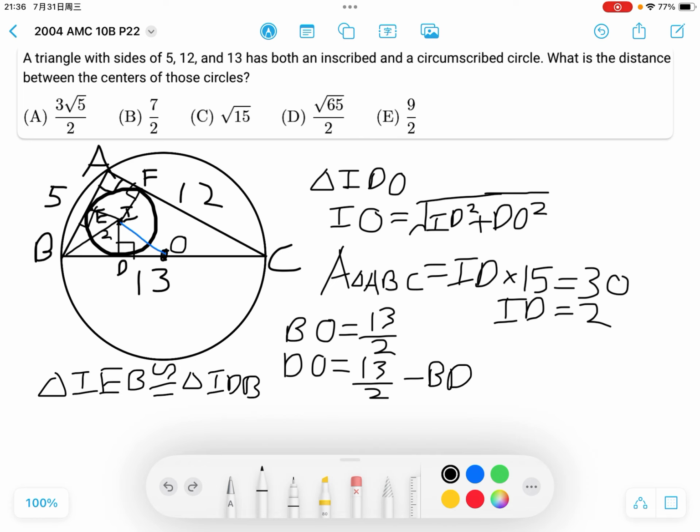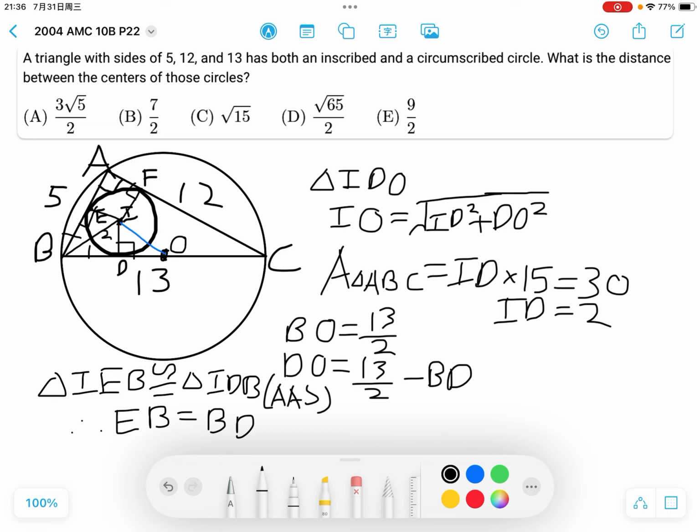So these 2 angles are also equal, and we have AAS, angle, angle, side. So triangle IEB is congruent to triangle IDB, so we know that EB is equal to BD.